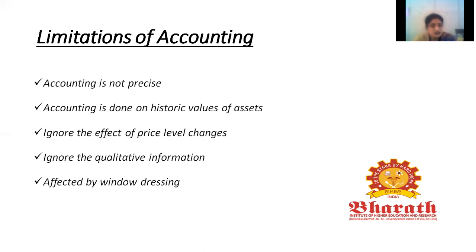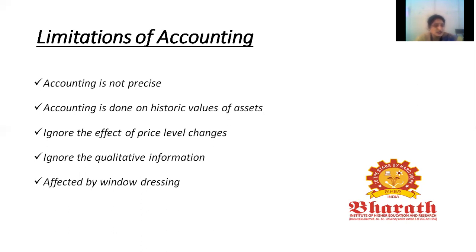And coming to the third, it ignores the effect of price level changes, which means accounting statements are prepared at historical cost. So what happens? Changes in the value of money are ignored. And the next one is that it ignores qualitative information. Here, accounting records only monetary transactions, right? So it ignores the qualitative aspect. This is also one of the drawbacks.